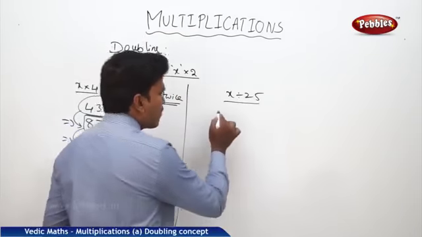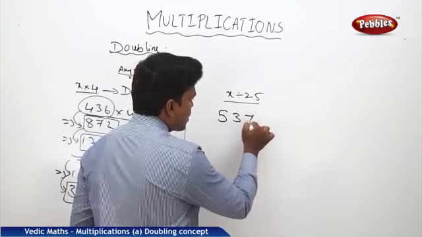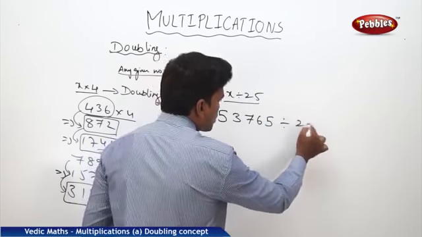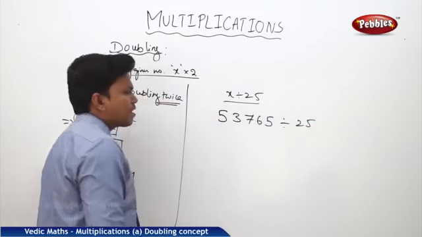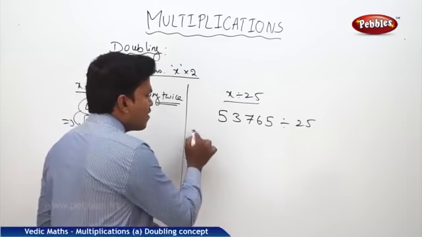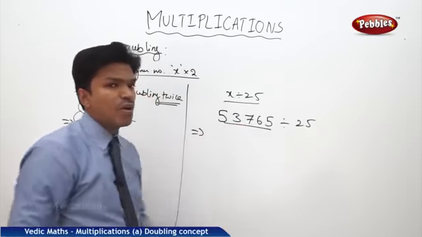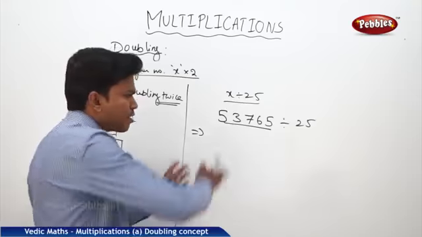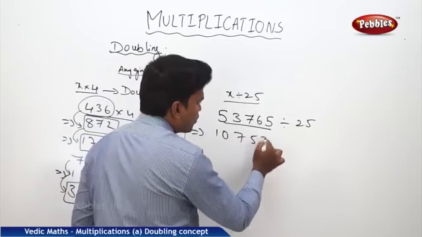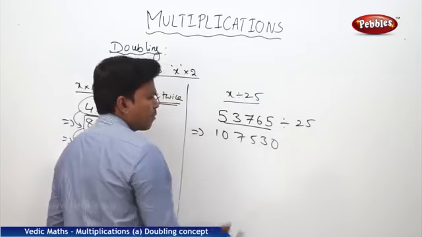For example, I want to divide 53765 by 25. Now what I will do is double the given number twice. First double the number. How much will you get? 107530.